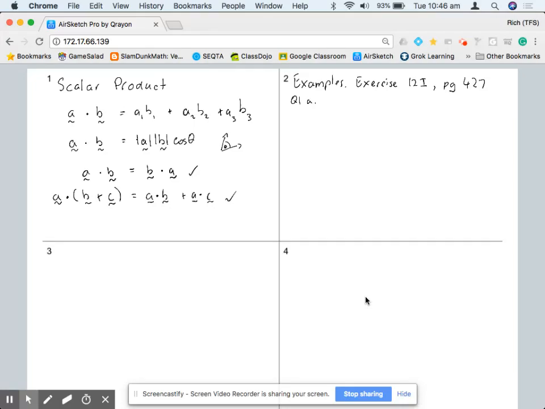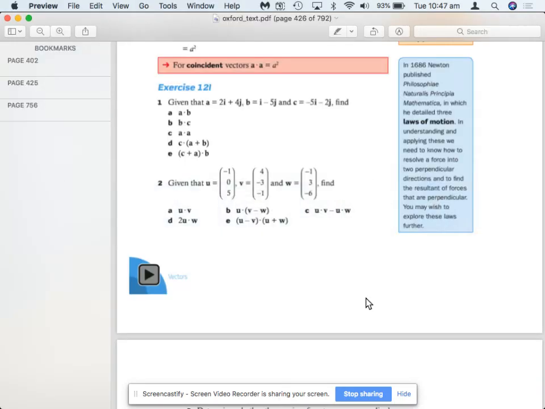Question 1A. We've been given what the vectors are. So I might just write them down on my screen here. We've got vector A equals 2i plus 4j. I know you won't see it on the screen yet.